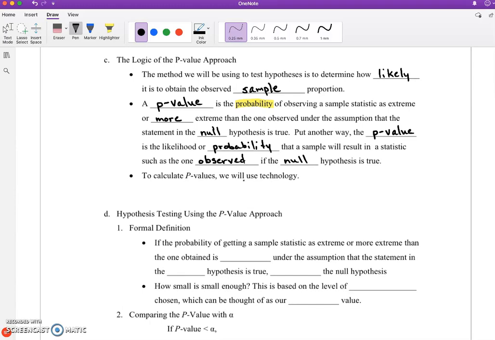So, of course, we're going to use technology. We can use TI 83/84, or we can use StatCrunch to do this.